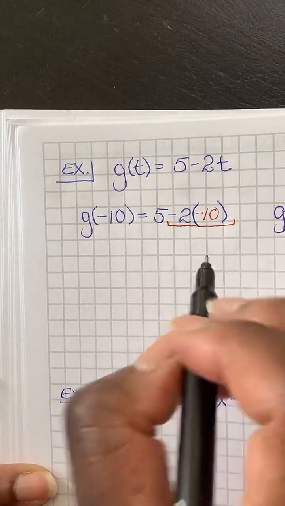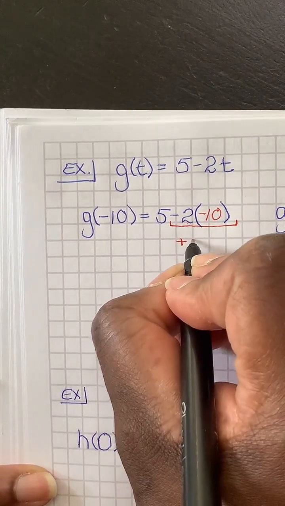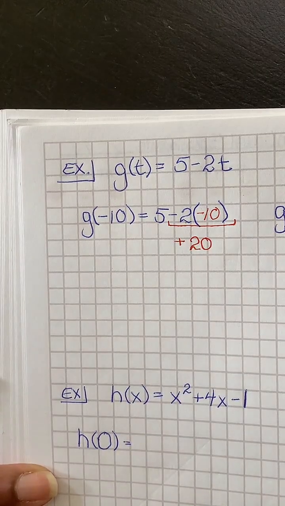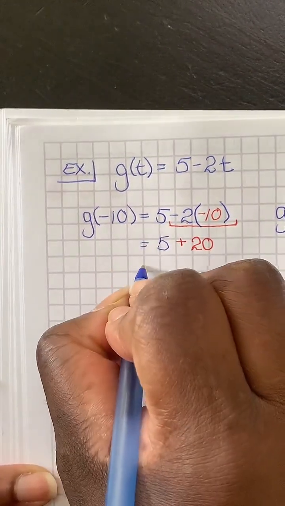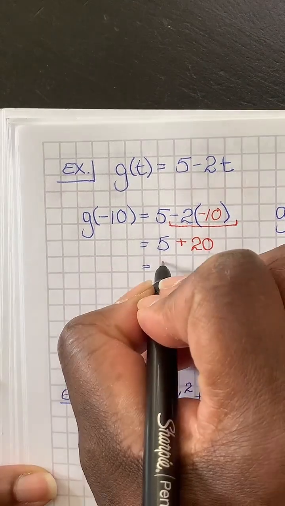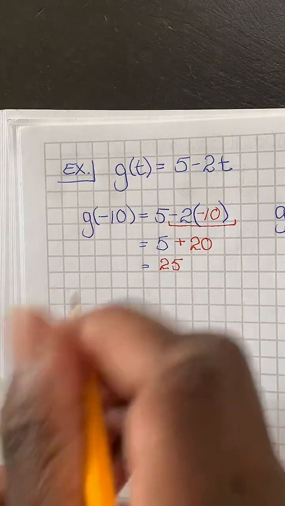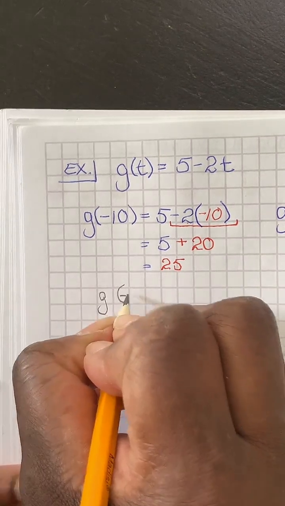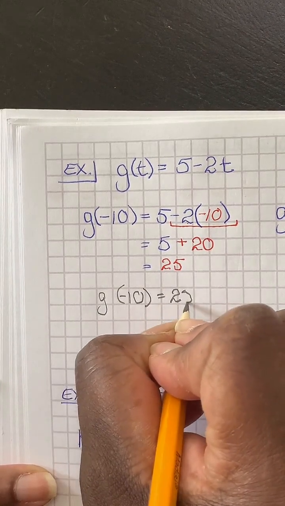A negative times a negative gives me a positive. 2 times 10 gives me 20. So then we bring down the 5. So now 5 plus 20, that gives me 25. So we can just say the g of negative 10 is 25. You can leave it like that.